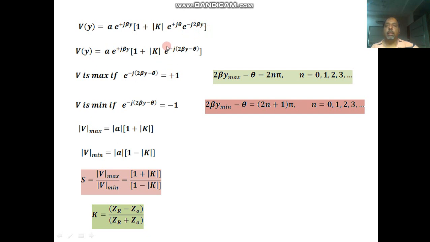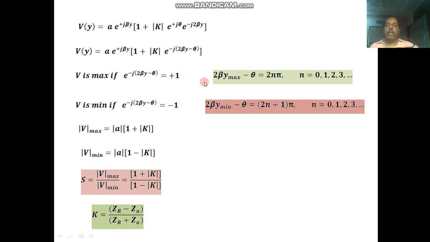Now we have to calculate the value of voltage maxima and voltage minima. The voltage will be maximum when this term is equal to plus 1, and minimum when this term is minus 1. The term is e to the power minus j (2 beta y minus theta).